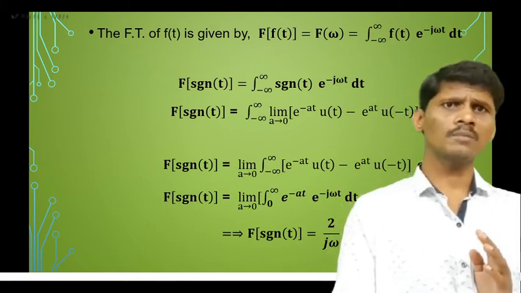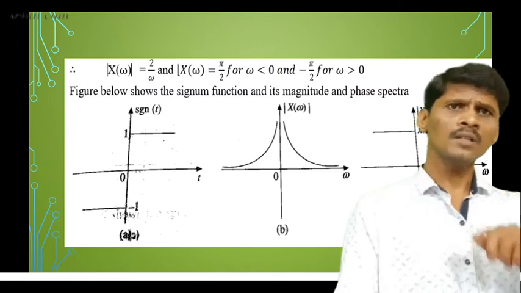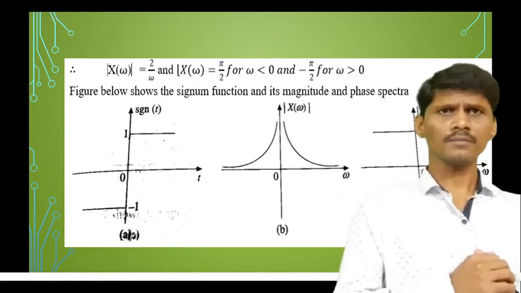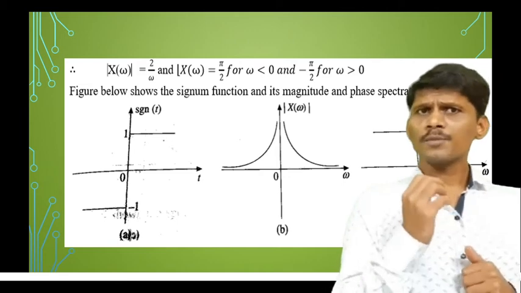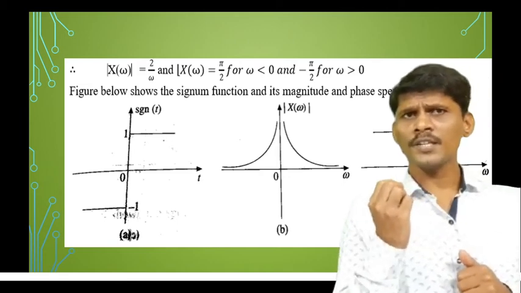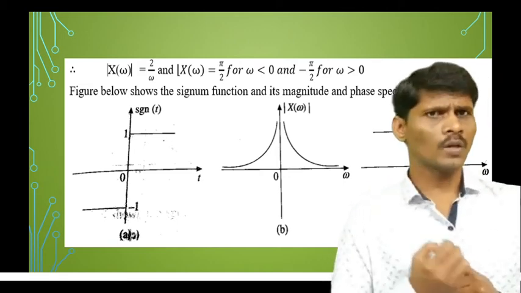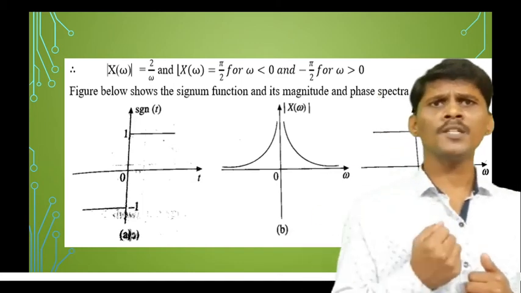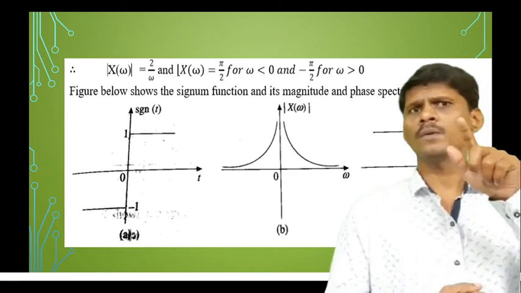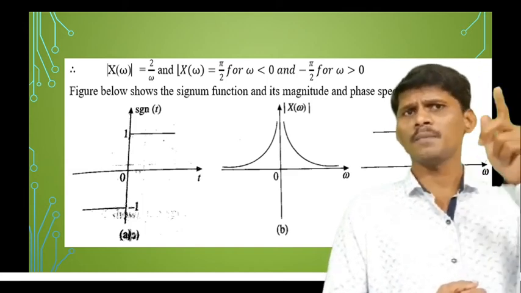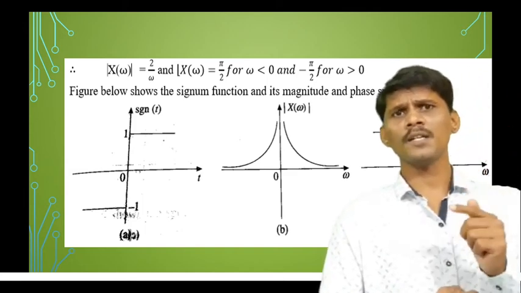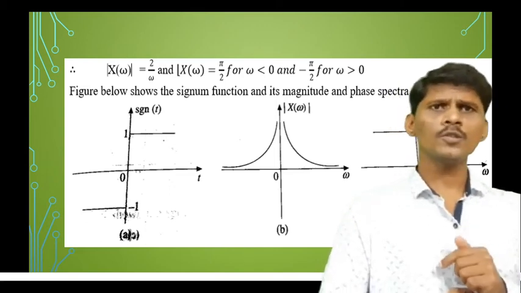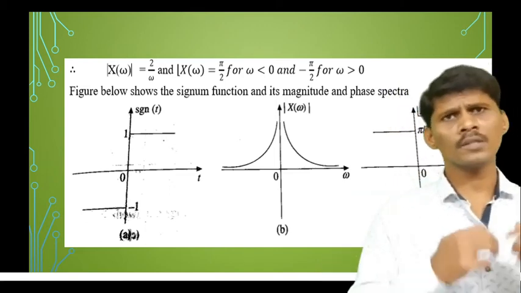How to calculate the magnitude value? Square root of real part square plus imaginary part square. So the Fourier transform of signum of t is minus j into 2 by omega. What is the real term? 0. And what is the imaginary term? Minus 2 by omega. Square root of real part square plus imaginary part square, 0 square plus minus 2 by omega whole square. Okay, so minus 2 by omega whole square is 2 by omega whole square.